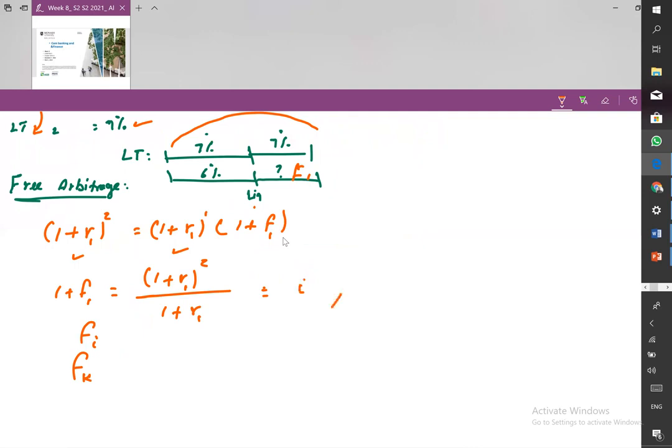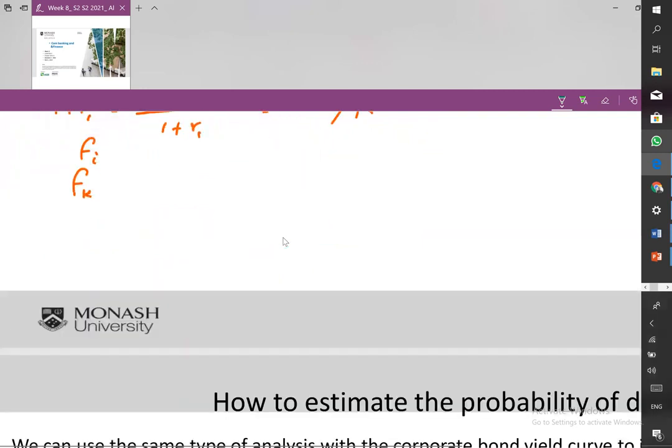If you want to talk about the K, you can do it with the same thing. This is the most important formula that we have to understand. This is how we get the forward for year one, assuming no arbitraging. Having said that, let's go to the example.